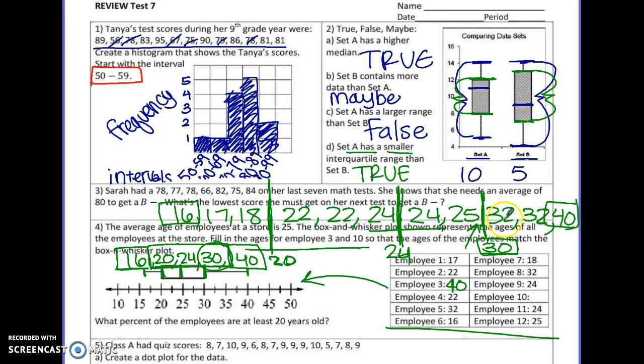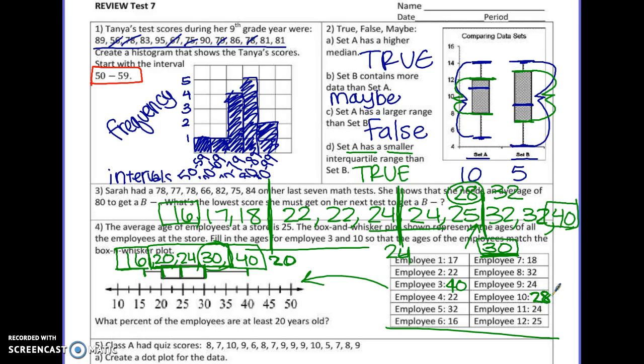I've got 32, and I'd have to have what number right here so that the middle number of both of those is 30? Well, 32 is 2 away from 30, so 30 minus 2 is 28. So it looks like the other age that I'm missing is 28.